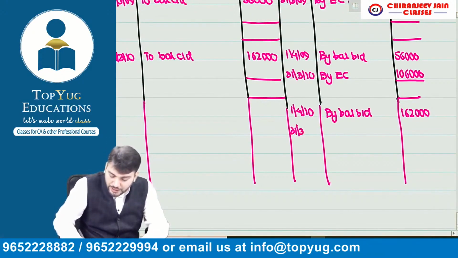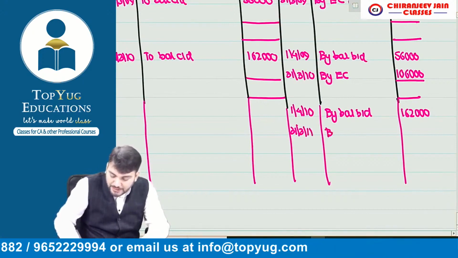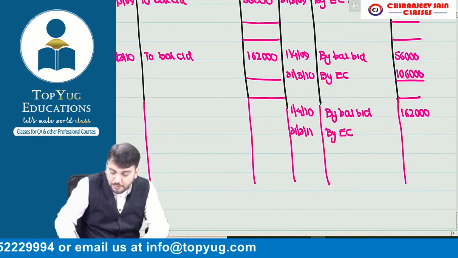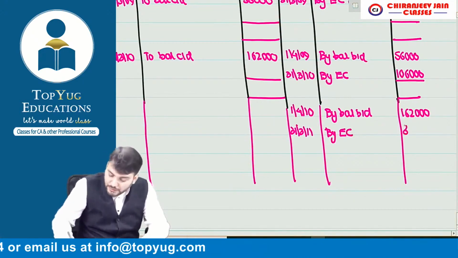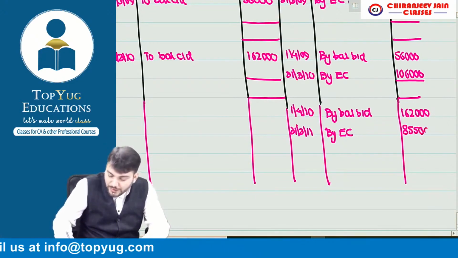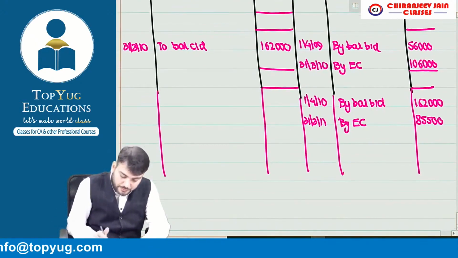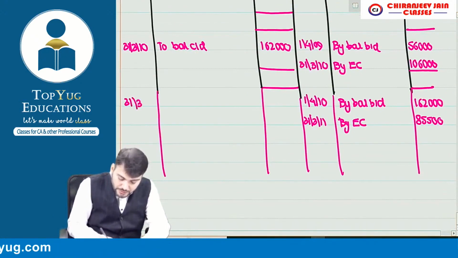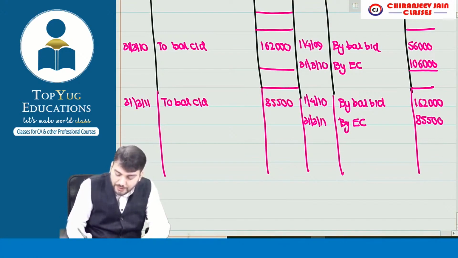Then once again on 31st March 2011, by employee compensation, that is 85,500. Then 31st March 2011, once again balance carried down, 85,500.